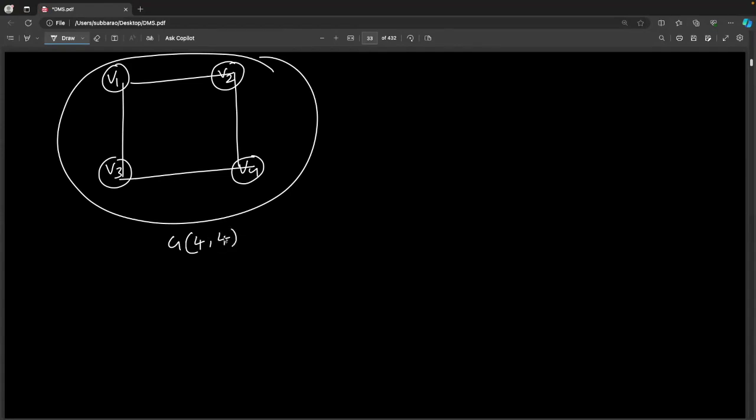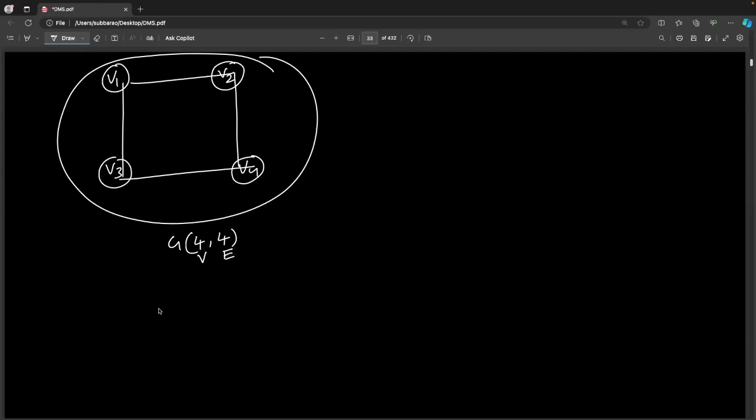Am I right? Don't link with the previous things, no relation with the previous. Please treat every day as separate. This graph contains 4 vertices and 4 edges.